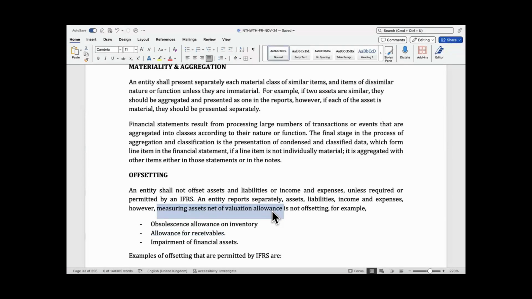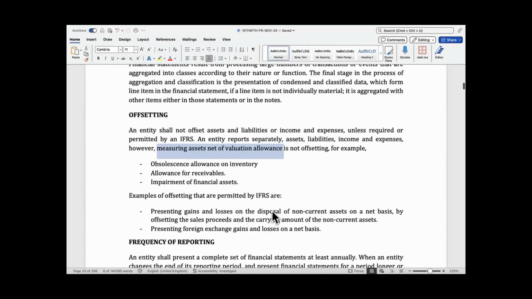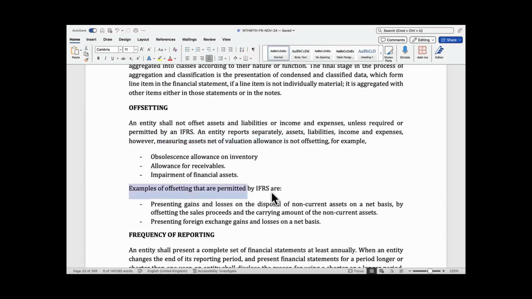However, I asked this before: examples of offsetting that are permitted by an IFRS, for 4 marks. One is gains and losses on disposal of assets. We usually present it on a net basis. When you sell an asset, you will not find anywhere in the financial statements where we present sales from it.